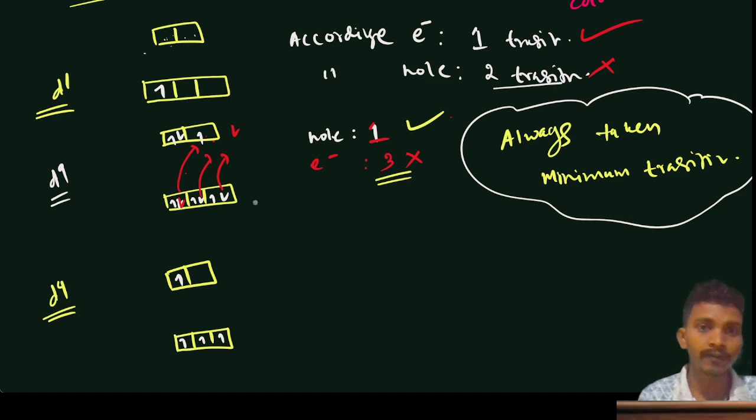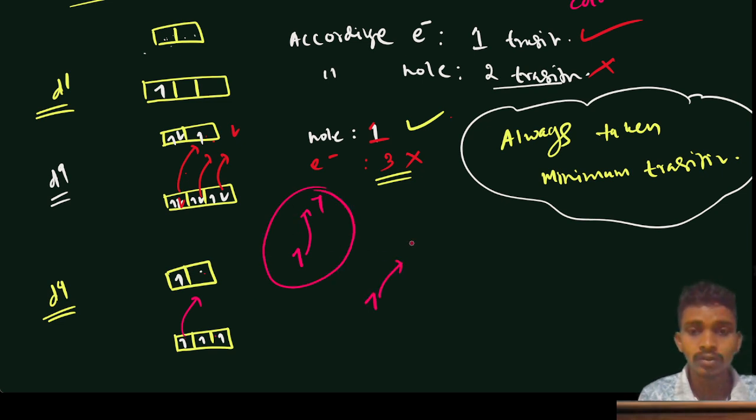So for D4, how many holes are there? One hole is there. How many electron transitions are possible? This is also possible, I can do it here. The spin is not changing, so after the transition this should also be there. If after the transition it comes like this, the spin is changed, and if spin changes then the transition is not possible.